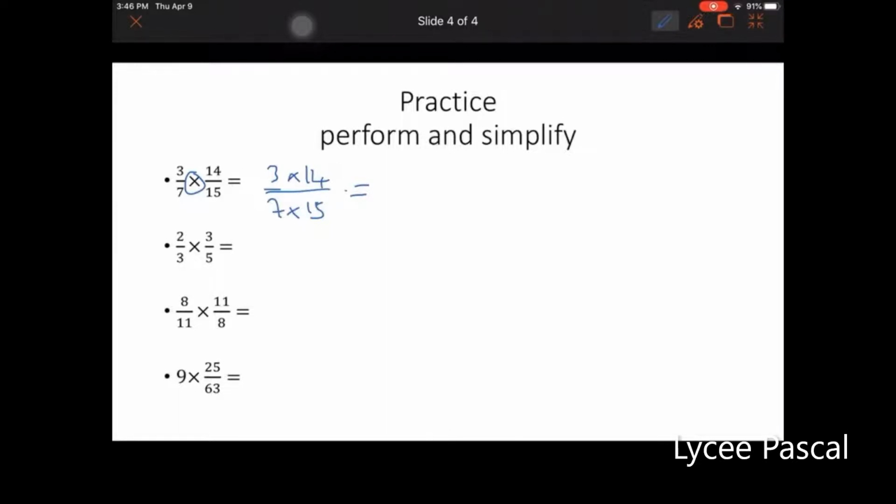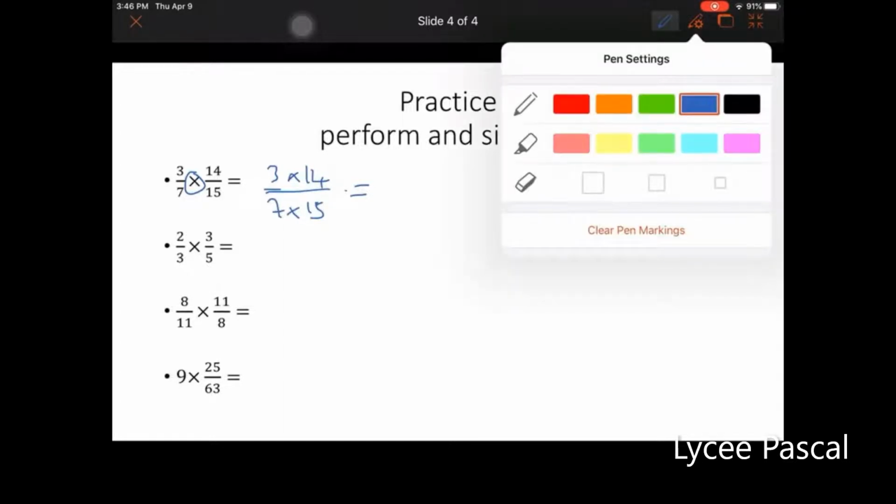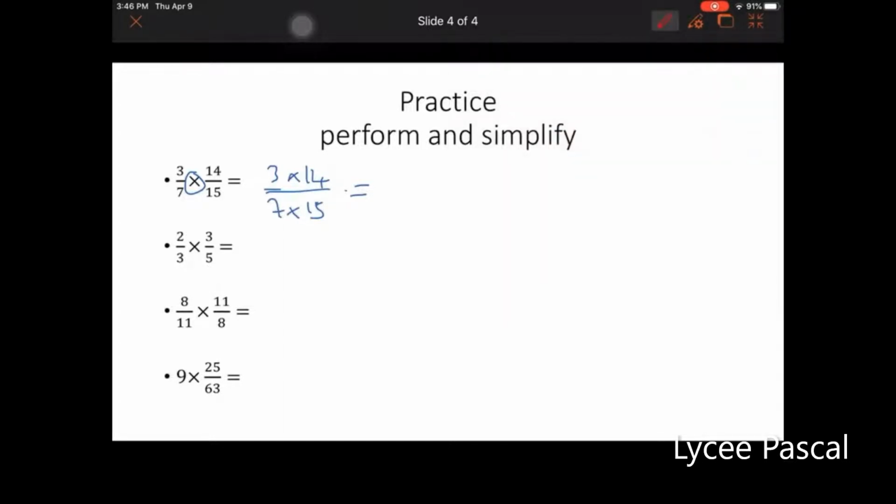So we have a common divisor for the number 3 in the numerator and the number 15 in the denominator. 3 is divisible by 3, and also 15 is divisible by the same divisor 3. So we can divide the 3 in the numerator and the 15 in the denominator by the same divisor 3.